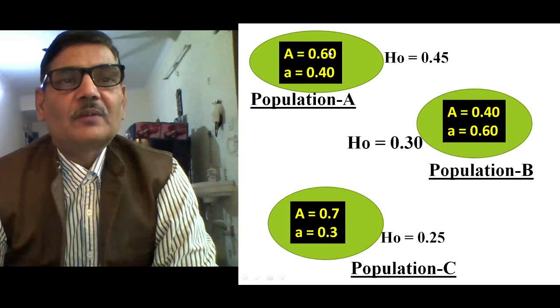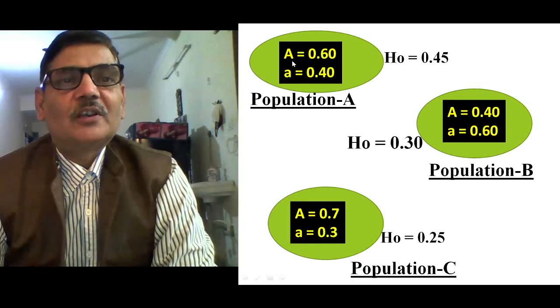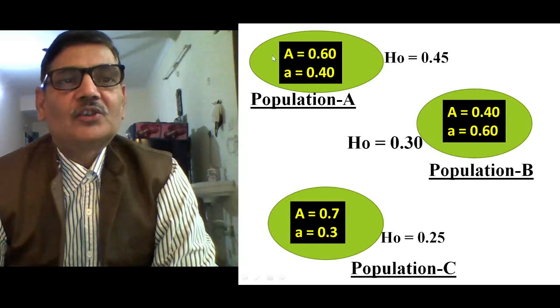Because the total of the two allelic frequencies has to come to 1. For simplicity, I'm considering here a single gene locus. There could be other gene loci in consideration. In that case, you will take the average of all such cases.